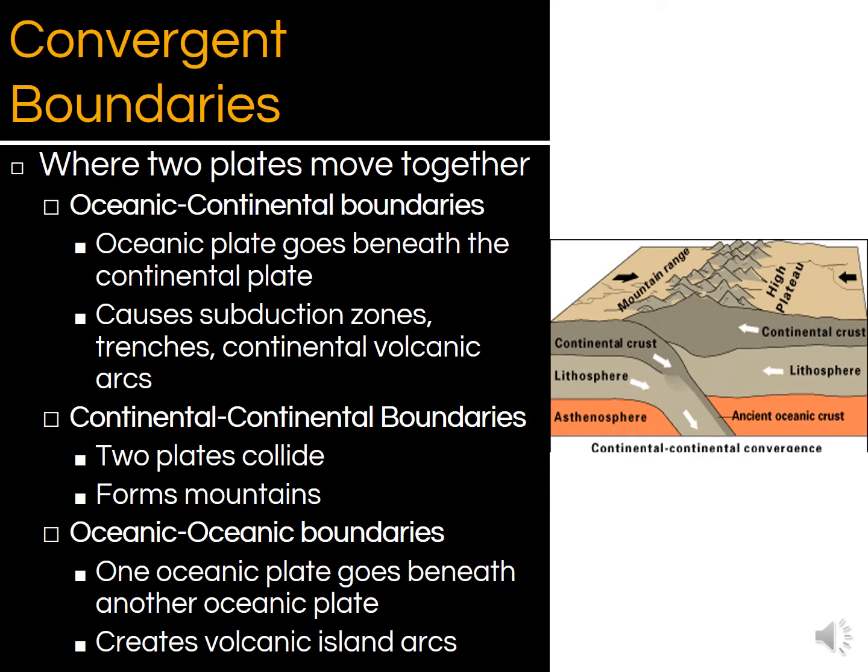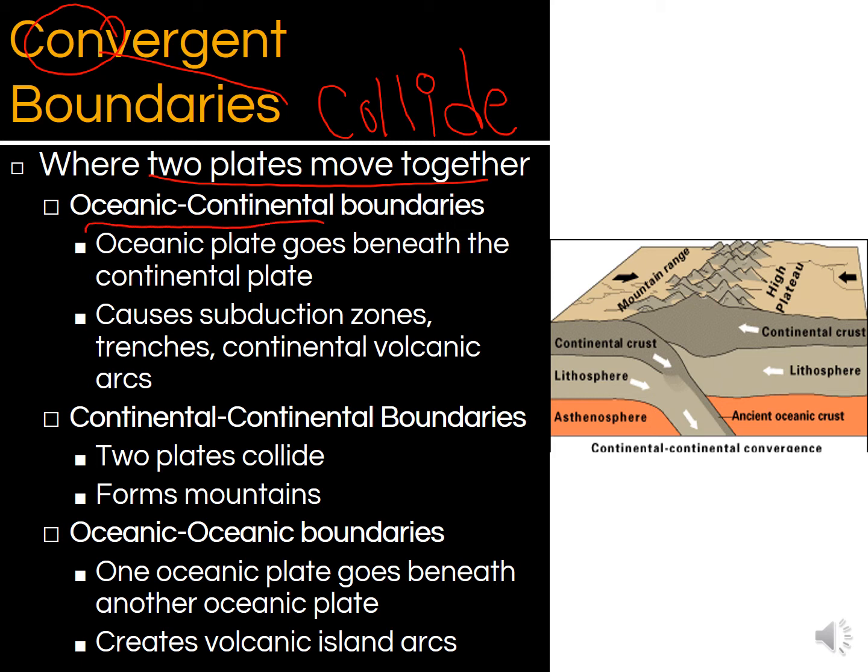Convergent boundaries. So if divergent means divide, convergent means collide. Okay, so this is where two plates move together. So oceanic, continental. So you have to know these different terms.